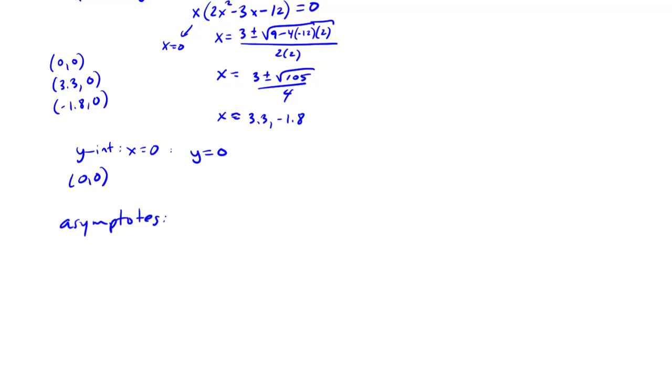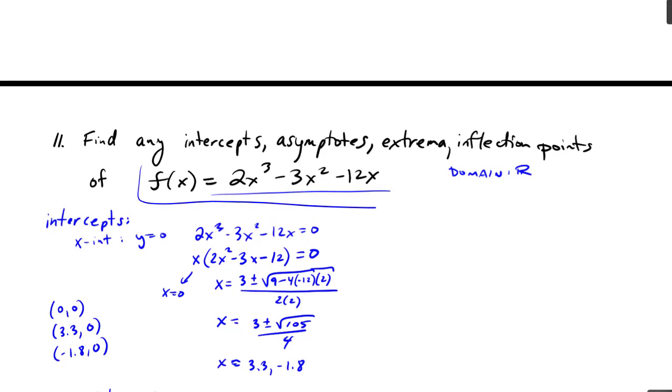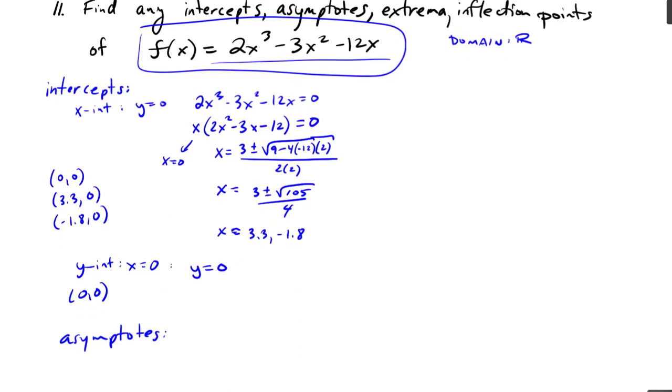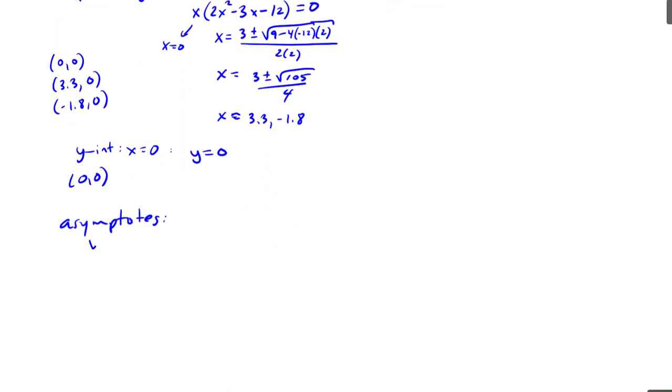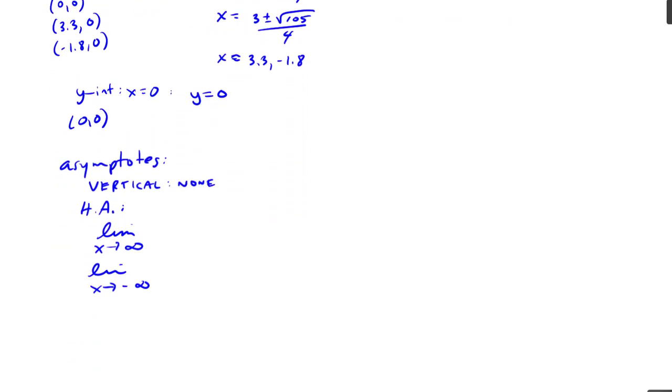Alright, so with the asymptotes, if I look back at this function here, I notice that it is a polynomial, which cannot have any vertical asymptotes. Now, if I wanted to talk horizontal asymptotes, I would have to look at the limit as x approaches infinity and the limit as x approaches negative infinity of 2x cubed minus 3x squared minus 12x.